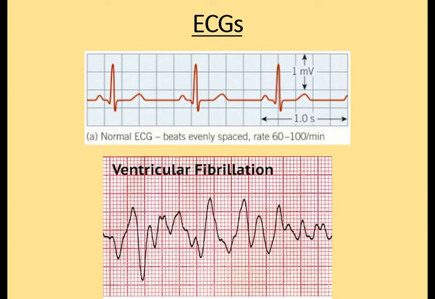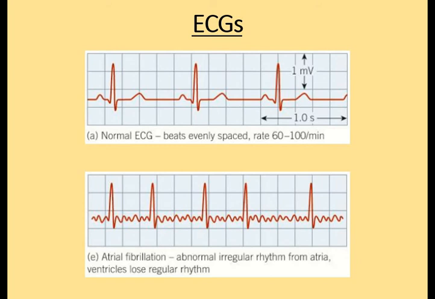In this situation, this person is seriously at risk of death because they are not going to have efficient filling and emptying of their heart in order to supply that oxygenated blood. So ventricular fibrillation is a really significant problem, and this would require immediate intervention. Often with fibrillation, pacemakers are used to fix the problem.